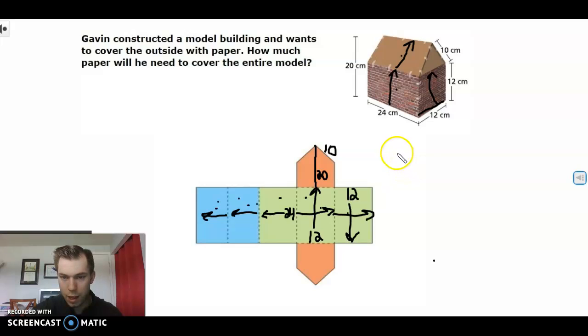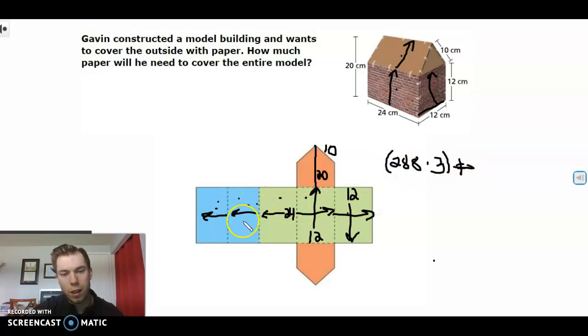So if you just multiply one of them together, 24 times 12 is 288. That'd be centimeters squared, and we're going to multiply that by 3 because there's 3 of those rectangles. I'm going to put a plus sign here. Sorry, guys. So we have those.